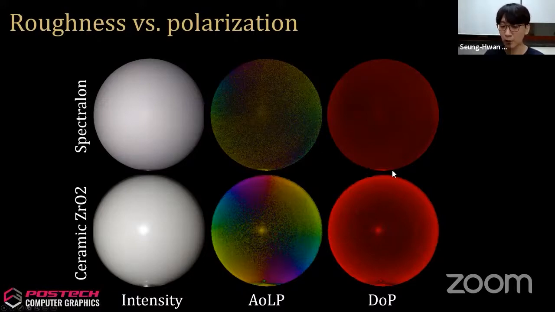If you look at AOLP, which is the angle of linear polarization, or DOP, degree of polarization, you can easily see that high surface roughness makes the surface normal dependency of linear polarization angle and degree of polarization weaker.